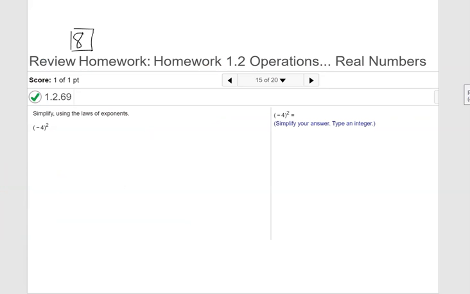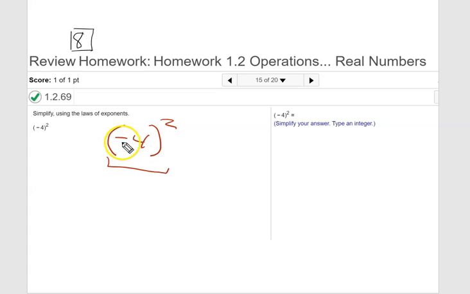Now, as we look at number 8, we're just asked to simplify this. Now, my question, are you squaring a -4 or just a 4? Again, your base here is described as the -4.